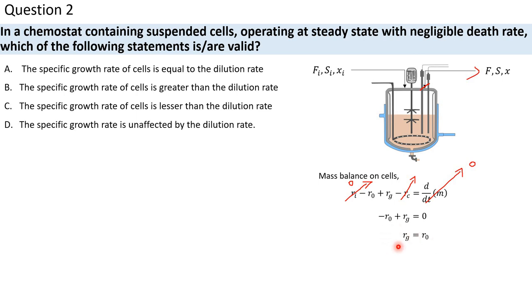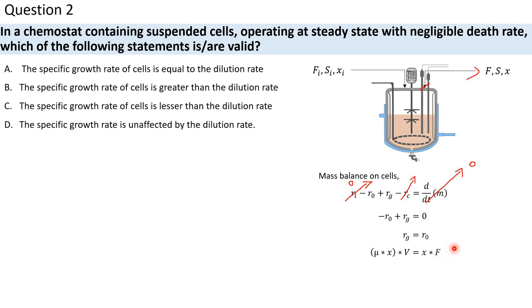So what is Rg? Generation, and R naught is the rate of cells that are going to the outlet, right? So here generation designates mu into X, that is the specific growth rate, into the cell concentration for the total volume, which is V, which is equivalent to R naught, nothing but your outlet concentration into the flow rate that is being used.